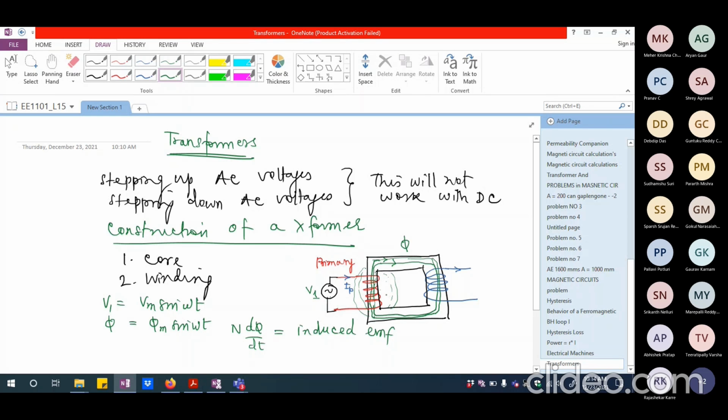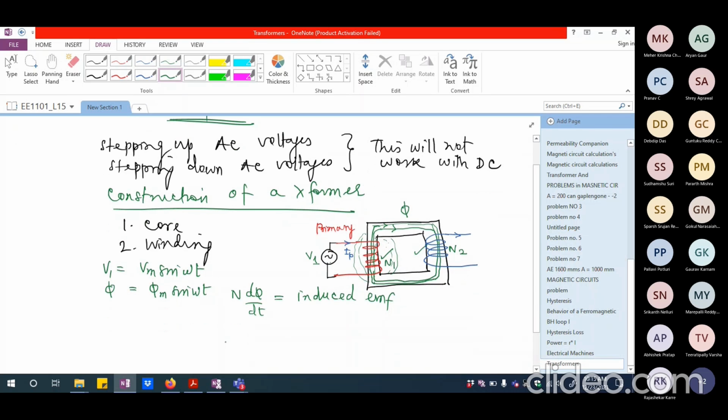I want you to understand this clearly. If a flux is created through the core, the primary coil is also subjected to that flux. The secondary coil is also facing that flux. So if I have N2 turns here and N1 turns here, I am going to have the primary induced EMF, which I may call E1, the induced EMF in the primary coil.